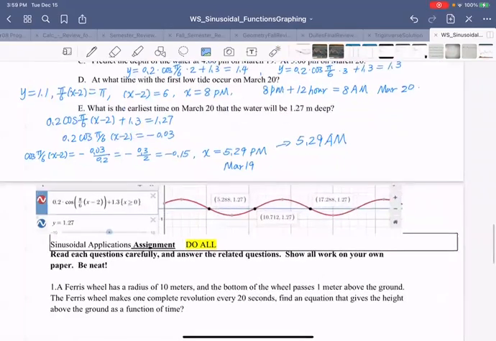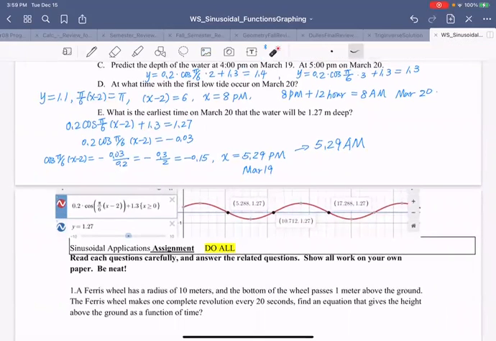Yeah, so if we check over here, this is March 19, right? This one is March 19 at night. And then this position is March 20, you know?